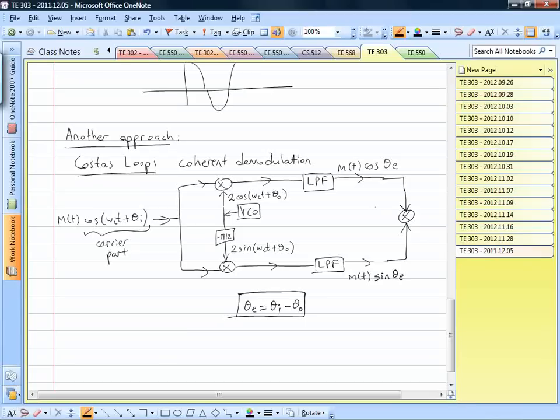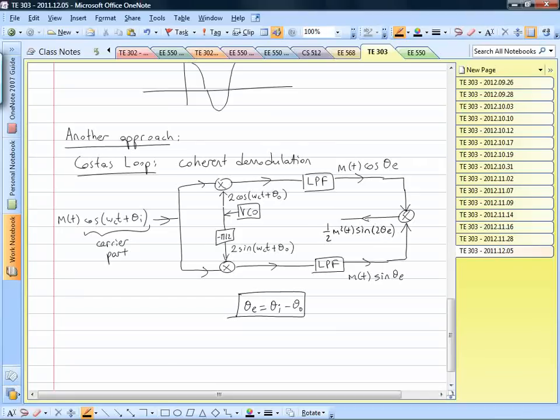Now after multiplication, what do we get here? 1 over 2 m squared t sine 2 theta e.